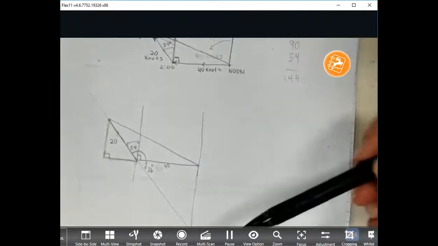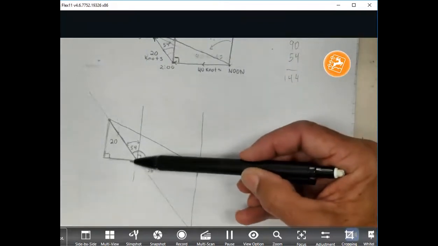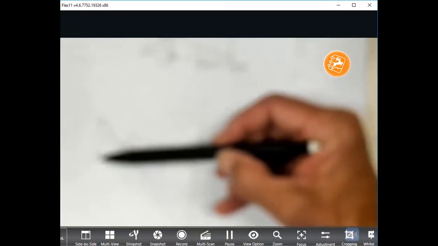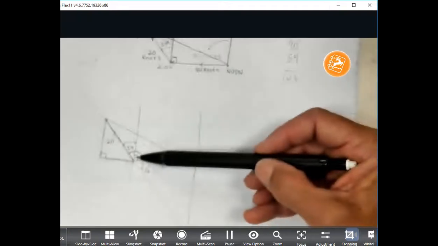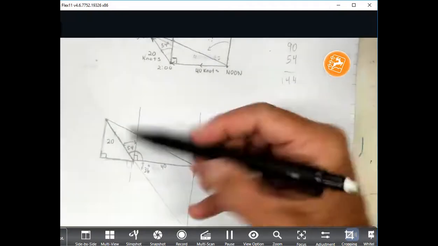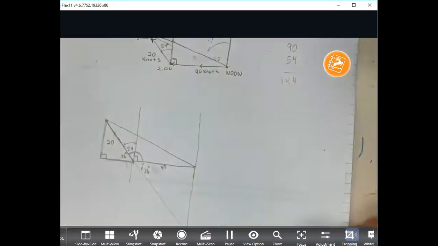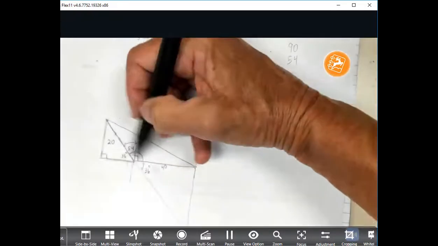Like the right angle right here, the one inside the right triangle. There's a right angle, there's a right angle, there's a right angle. I got that. So that just tells me this is 36 degrees. We could have done vertical angles, right, to get to that 36 degrees.